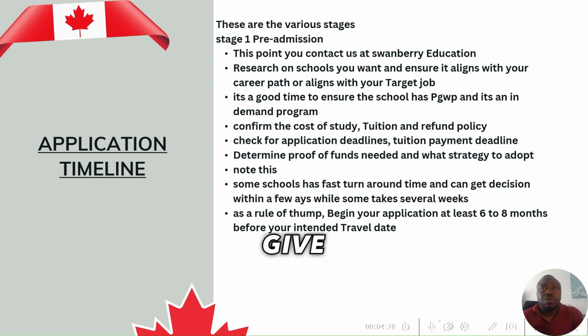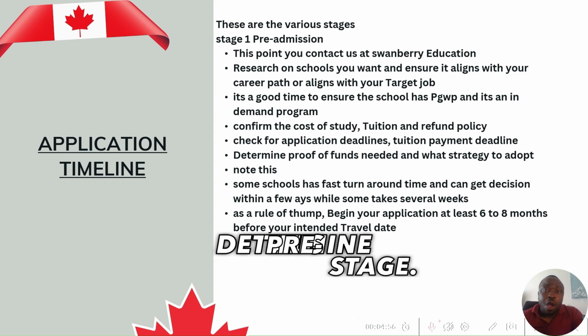Most schools will give you between 2 weeks and 1 month after you receive your LOA, your pre-offer, to pay your tuition deposit. Then check the proof of funds needed and what strategy you want to use to show it, or what your profile is like. You determine all of this at the pre-admission stage.